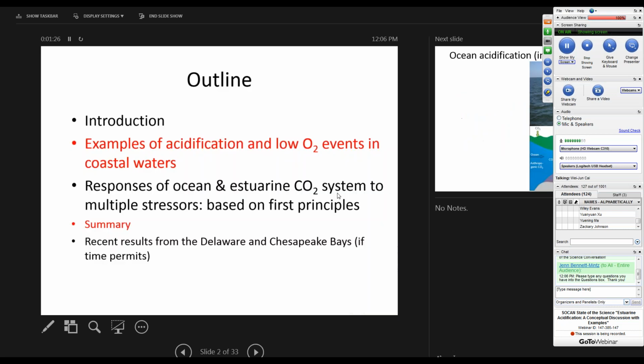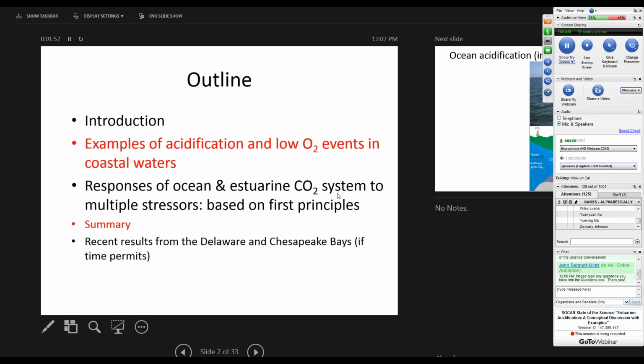Anyway, I'll do a brief introduction, and then I'll start with examples of acidification and low oxygen events in coastal oceans. I was reminded that most of the audience has a science background, although not everyone is doing OA study right now, so I should start with something easy to understand. I don't know if I can accomplish that, but I'll try.